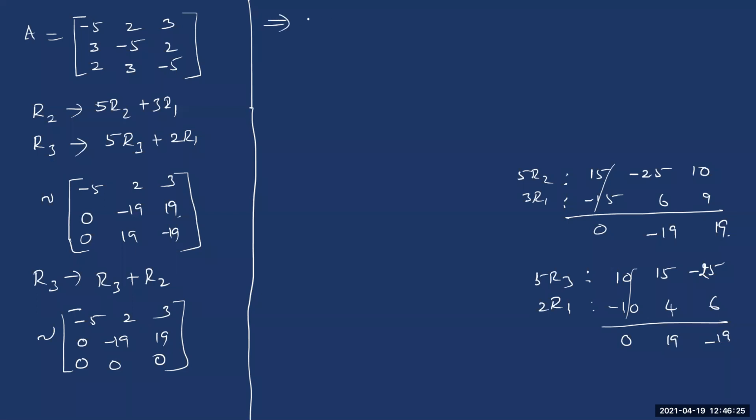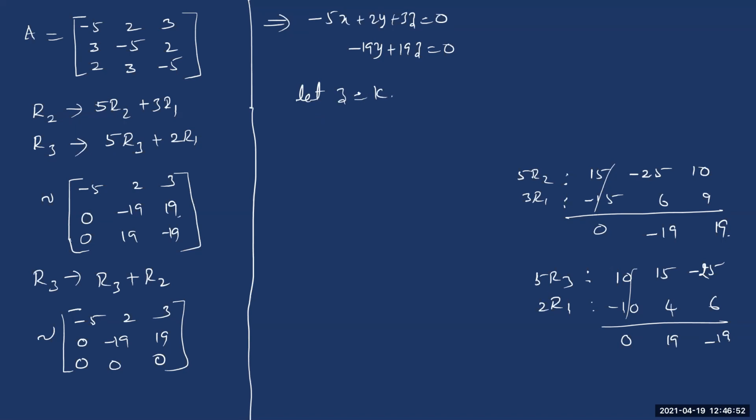The first equation is minus 5x plus 2y plus 3z equals 0. Then the second equation is minus 19y plus 19z equals 0. You got only two equations, but there are three unknowns. When you have one unknown extra, we need to take that unknown as arbitrary. So I'm just taking z equals k.